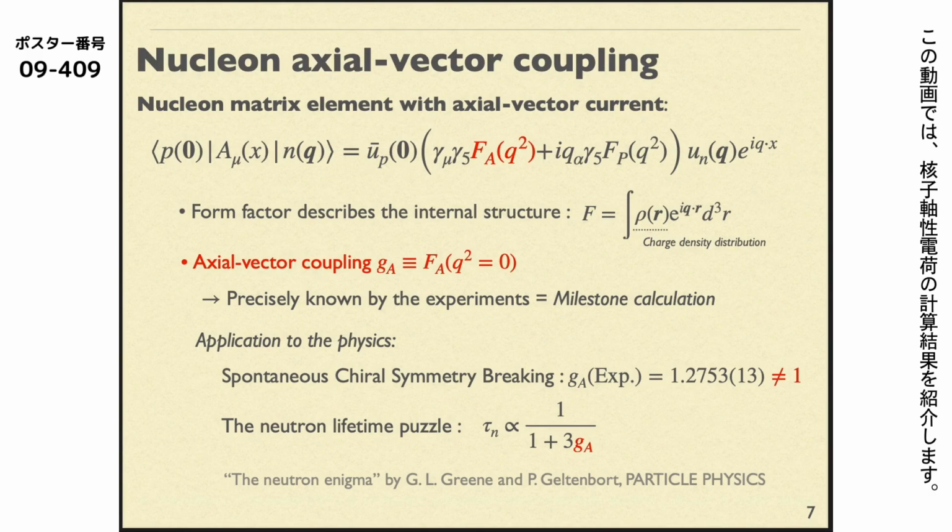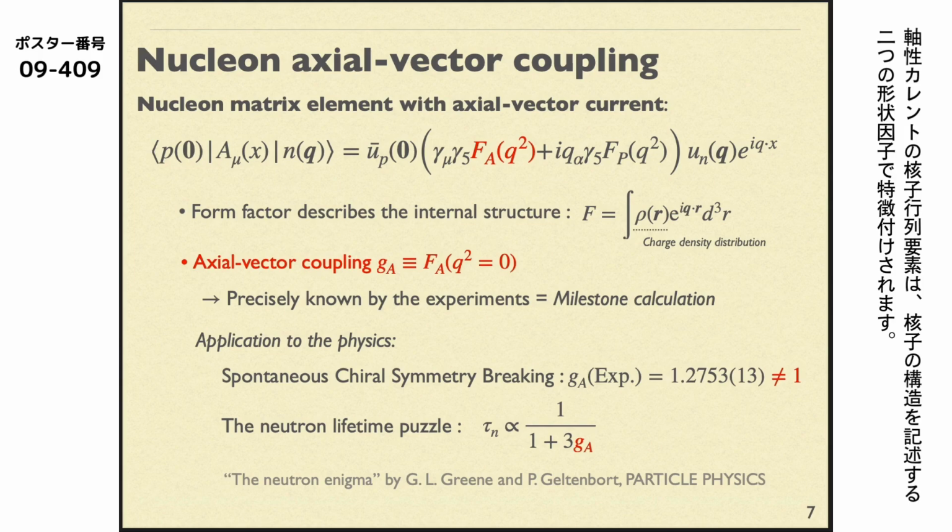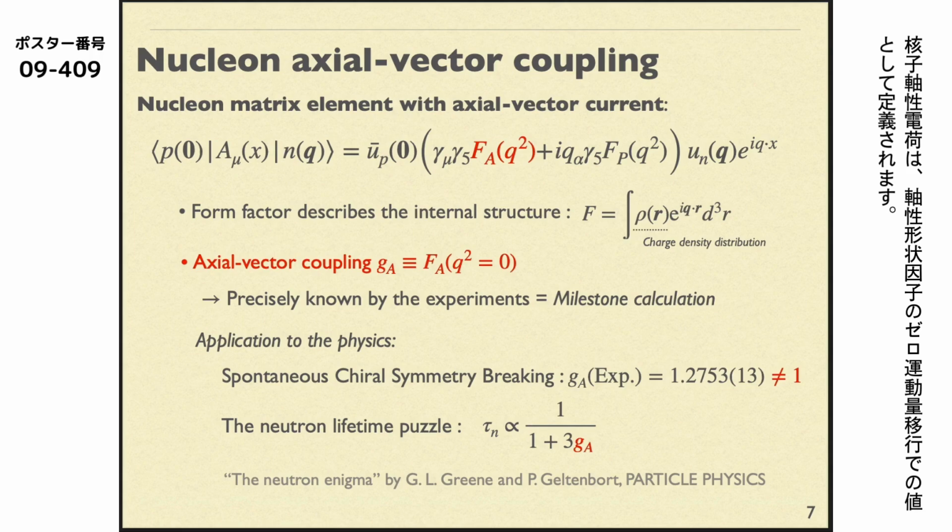In this movie, I am going to present the results for the nucleon axial vector coupling. The nuclear matrix elements with the axial vector current can be represented by two form factors, which describe the internal structure of the nucleon. The axial vector coupling is defined as the value of the form factor at zero momentum transfer.